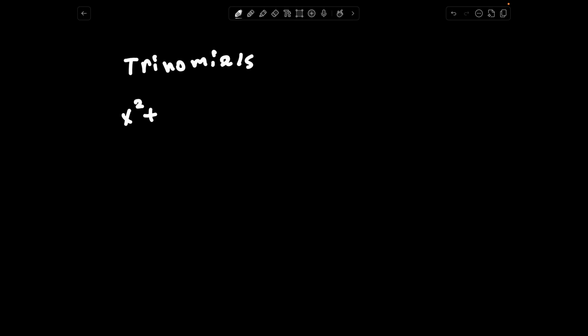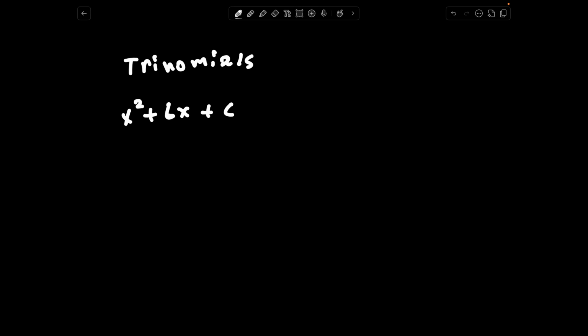And the second method is factoring trinomials. This is probably the one you're going to use the most. This is where we're given x squared plus bx plus c. What you want to do is try to find two numbers that multiply to give you the last number and add up to give you the middle number.